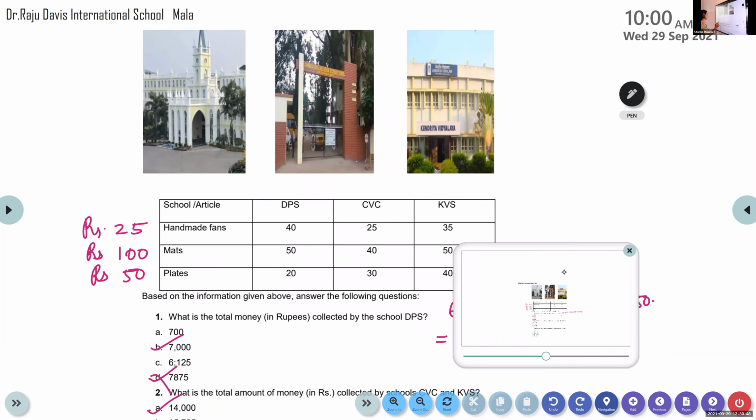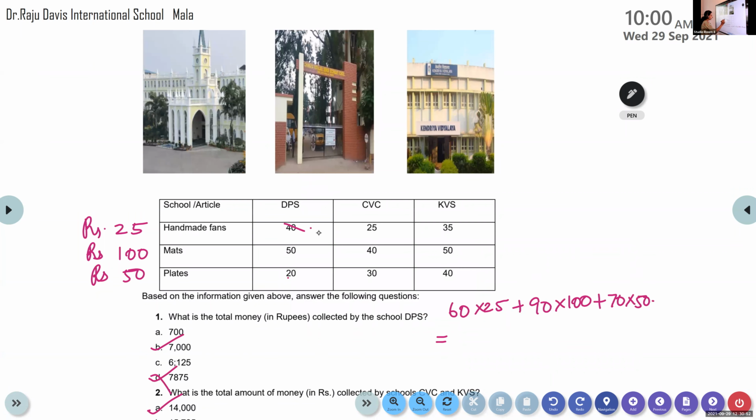So here instead of 20, this one will become 20, this one will become 40. All the schools interchange the number of plates and fans. This is 40, this is 35. Now in this case, what is the total amount? Is it clear, Aishwarya? You are asked to find the total amount once they interchange the handmade fans and plates.